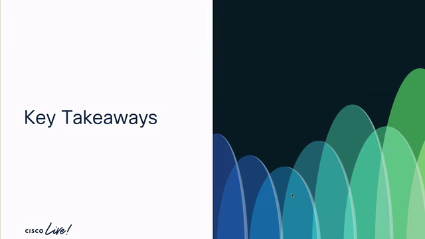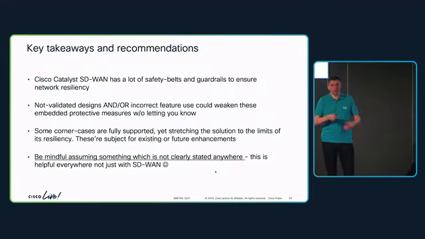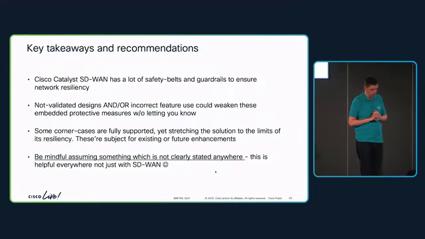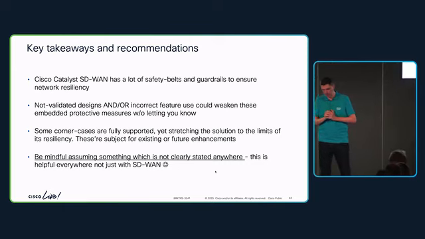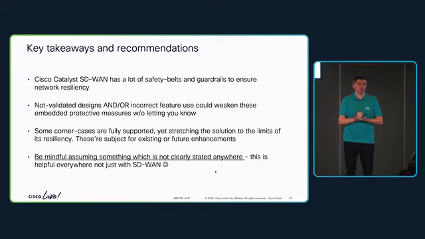And as a final note, my key takeaway and call to action for all these cases is: don't make assumptions. Most of these cases really come from assumptions. The assumption that whatever I do, the control plane and data plane will be decoupled. Whatever I do, I can clear some connections and they will be reestablished.